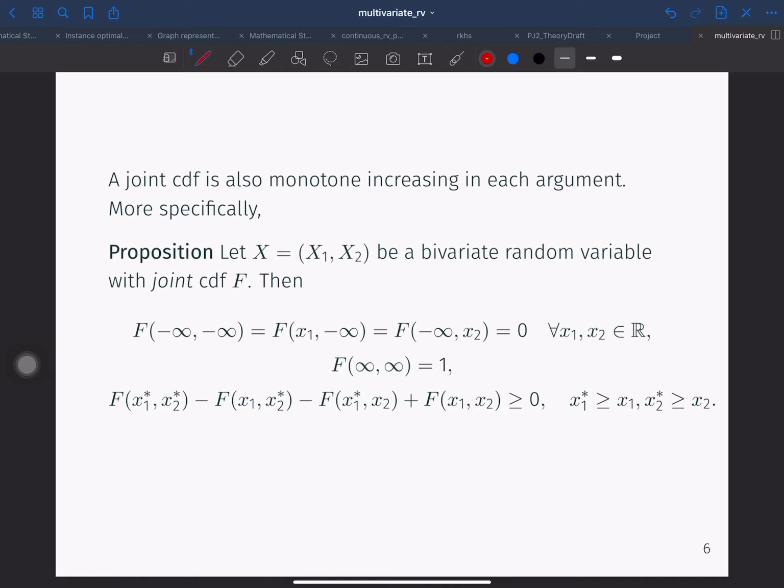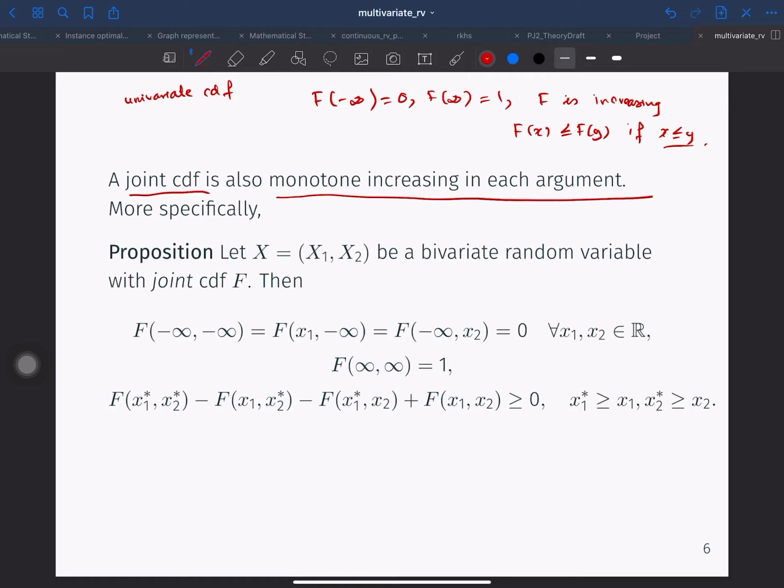So the joint CDF. We recall that for the univariate CDF, we have that F of negative infinity is equal to 0, F of infinity is equal to 1, and F is increasing. So what that meant is that F(x) is less than or equal to F(y) if x is less than or equal to y. In the case of the joint CDF, instead of increasing, it's monotone increasing in each argument.